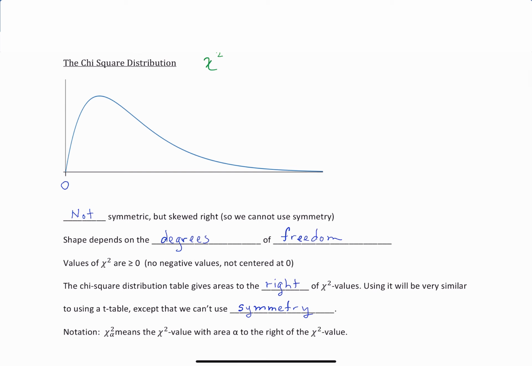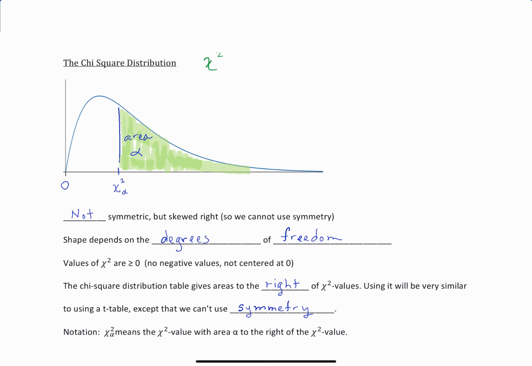So chi-square sub-alpha means the chi-square value with area alpha to the right of the chi-square value. So for example, if you have a chi-square value here with a sub-alpha, what that means is that the area to the right of it is alpha.